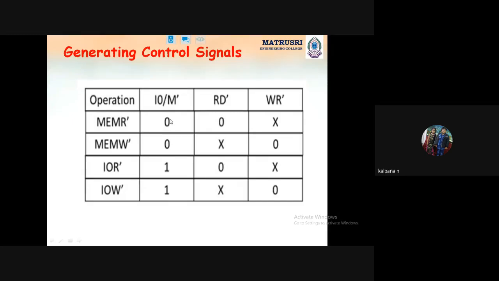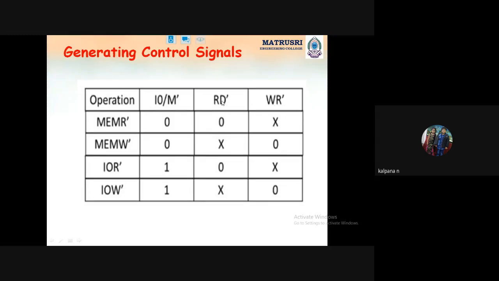Now in this memory operation, how can we say whether read or write is going to be done? Read bar and write bar, both these operations will be enabled for 0 only.